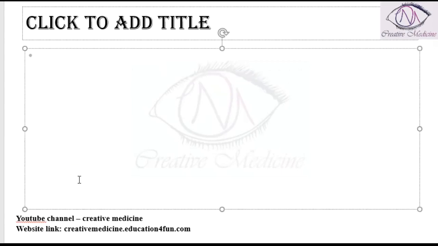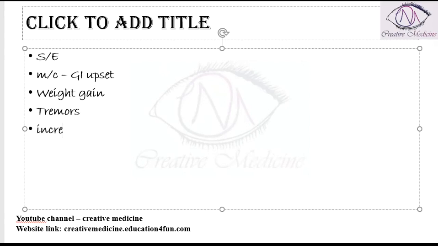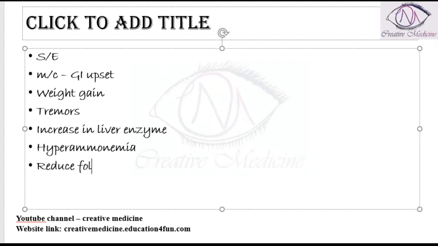Then the side effects of valproate. The most common side effect is GI upset. Valproate can cause weight gain, tremors, and an increase in liver enzymes. It can also cause hyperammonemia, or reduce folate utilization, thus resulting in neural tube defects.